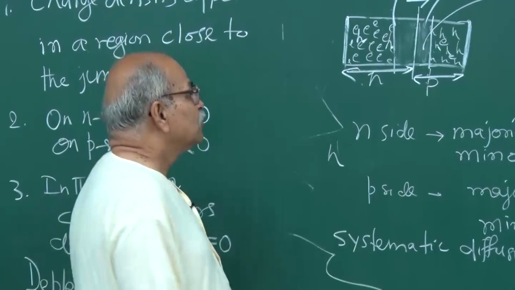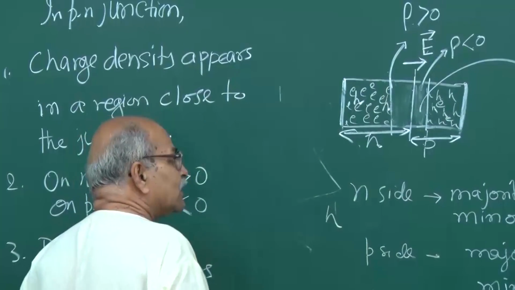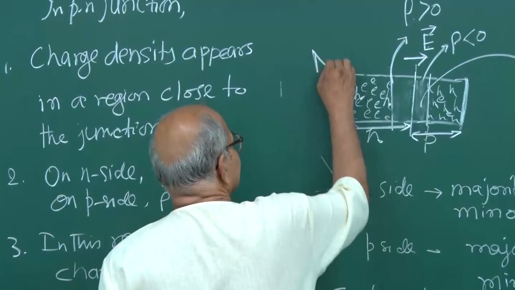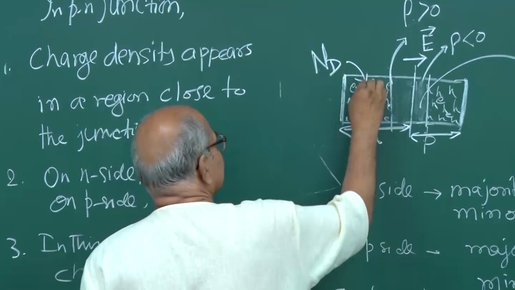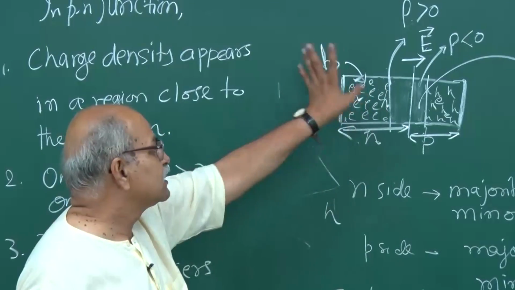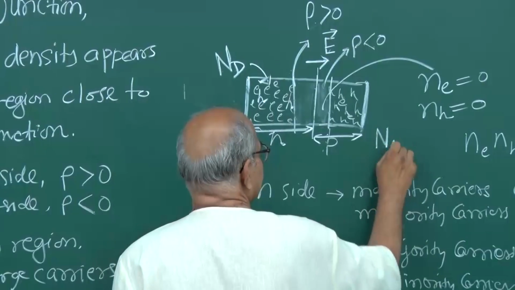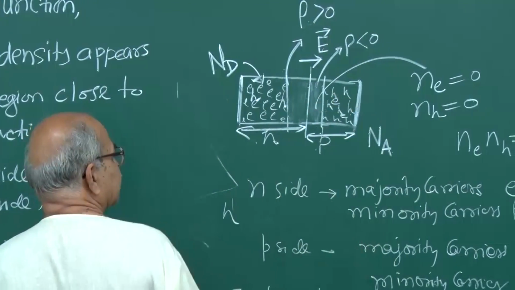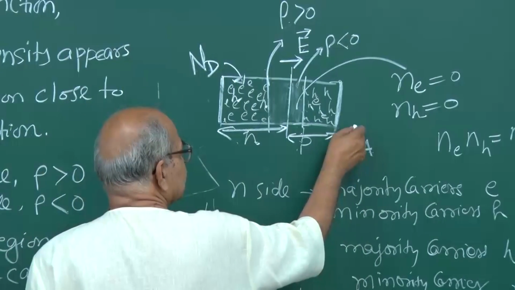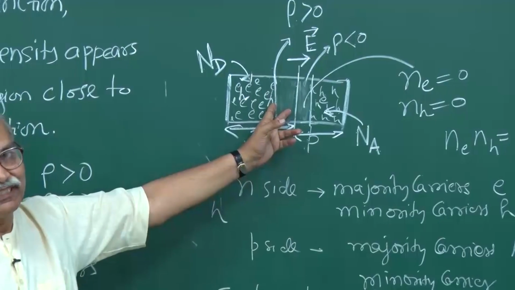On the n side we have donor ions, so Nd is the donor ion concentration, the one we have doped. This side is acceptor, so Na is the number of acceptors that we have doped per unit volume. That decides this width.